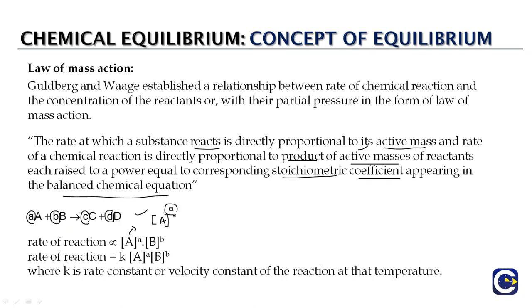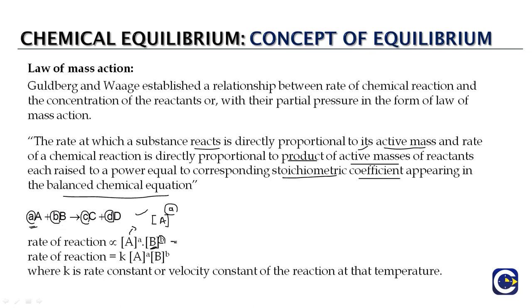Each of the active masses is raised to the power equal to the coefficient in the balanced equation, and the active mass of B is raised to the power small b. So small b here is the coefficient.